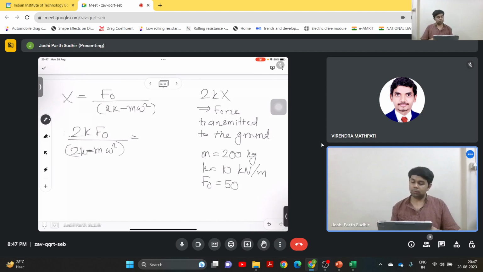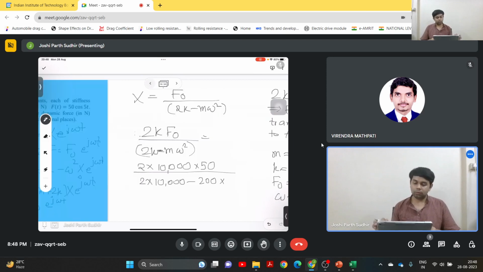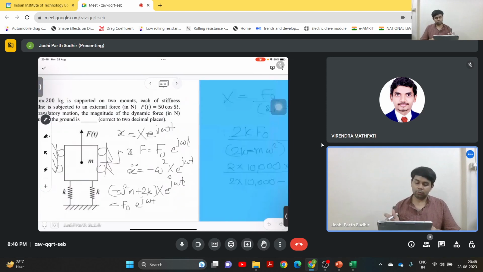So the force transmitted to the ground, we can calculate it as 2 into 10,000 into 50 divided by 2 into 10,000 minus 200 into omega square, where omega is 5.